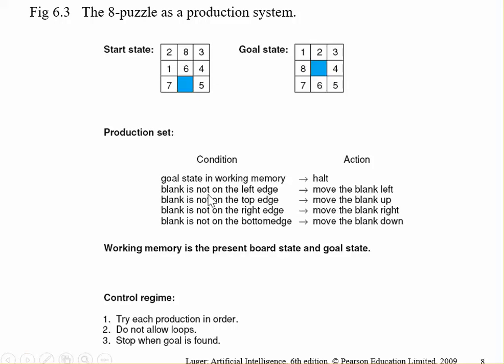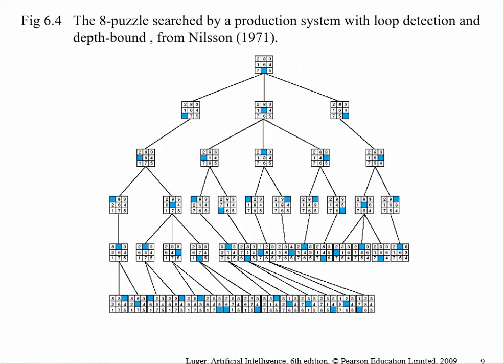If the blank is not in the left edge, like for example in this case it's not on the left, then we're going to move to the left. So this will be the action. Okay, so here is the description of the conditions, and this will be the action, and we will do the implementation of this. Let's see on the next one.